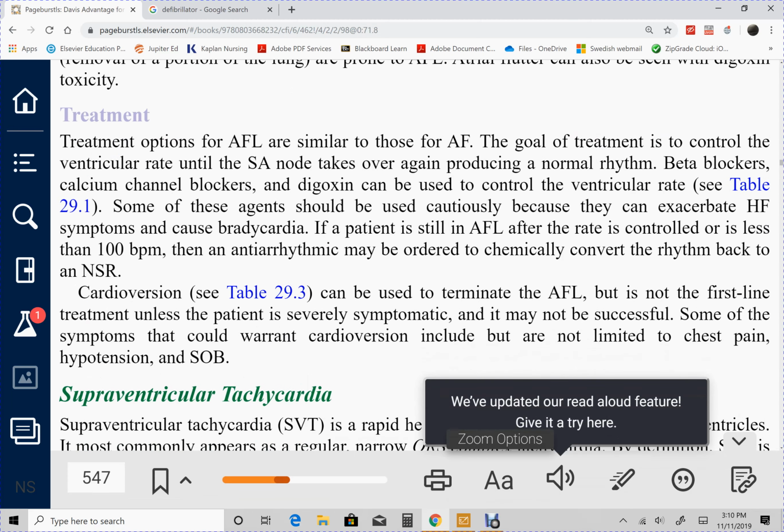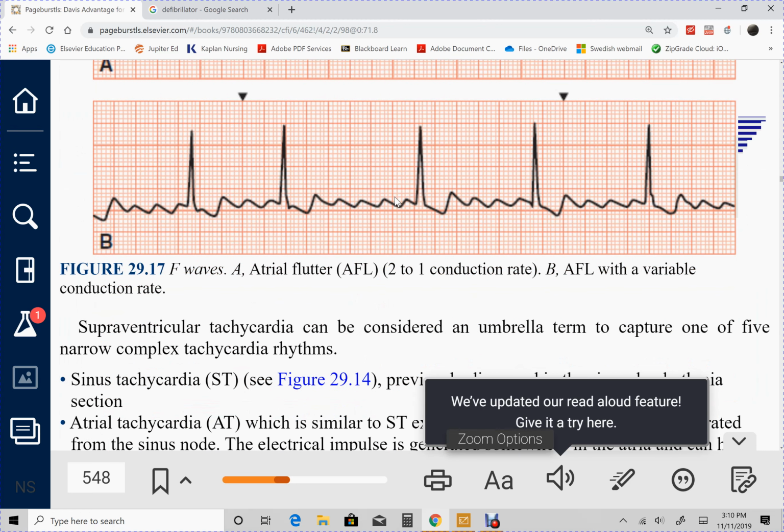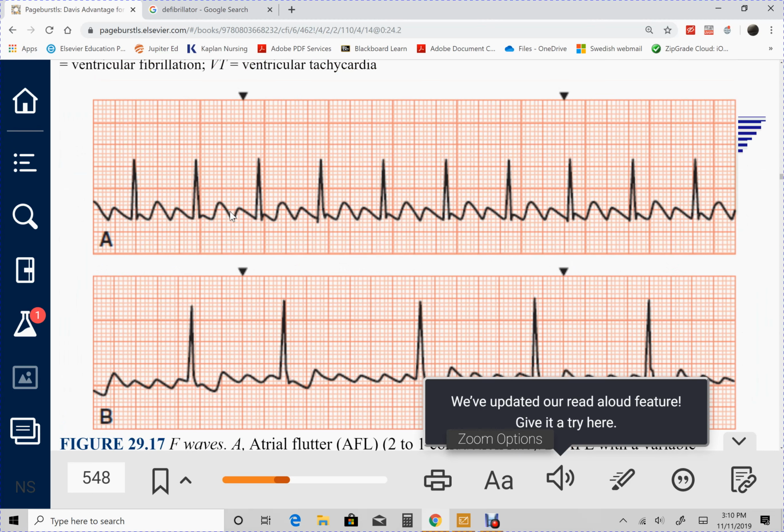The treatment, of course, is similar to AFib, wherein your concern is the loss of cardiac output and also the clot formation, because really it has the same effect, whether it's the atria fibrillating, not contracting. So here obviously there are no normal P waves. These are called flutter waves.